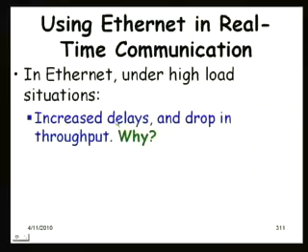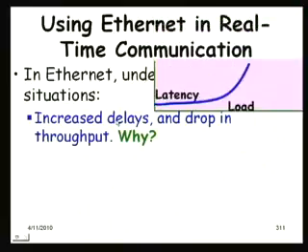As the load increases, the delays would increase very rapidly, and also there will be a drop in throughput. If you look at it, as the load increases here, it increases slowly and then suddenly it becomes almost unusable. Latency increases very rapidly. So, this is the typical performance of any Ethernet.